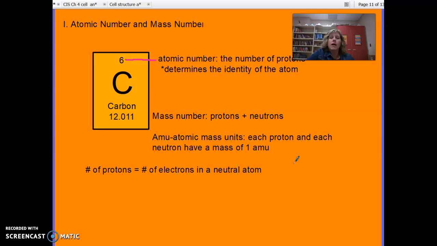This is actually how we identify atoms. The mass number in atomic mass units is the number of protons plus the number of neutrons, but you'll see that it's not an exact even number either. There's a reason for that. And just remember, we measure these in atomic mass units because protons and neutrons are very tiny, so it would be silly to measure them in ounces or pounds or grams or something large like that.